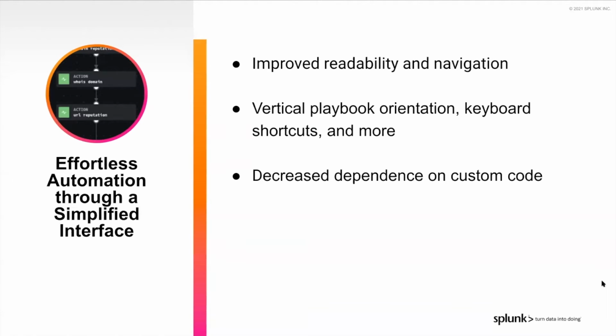We also changed the orientation of playbooks to vertically oriented to support some of those capabilities, as well as allow easier navigation via the scroll wheel. In terms of navigation and playbook authoring, we added multiple ways to add new blocks, including keyboard shortcuts. We've also made a number of changes to decrease the overall dependence on Python custom code, which leads me to our next focus area.